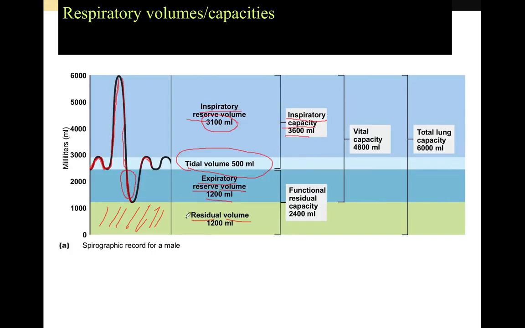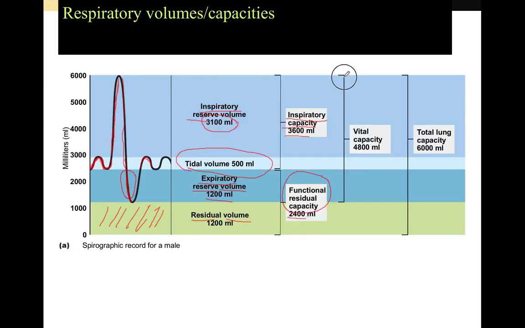The amount of air that is going to stay in your lung after your normal breath is a combination of your ERV, or expiratory reserve volume, plus your residual volume, which is called the functional residual capacity. It's residing inside your lungs, and you can use it basically as a source of oxygen. And that's about 2,400 milliliters.